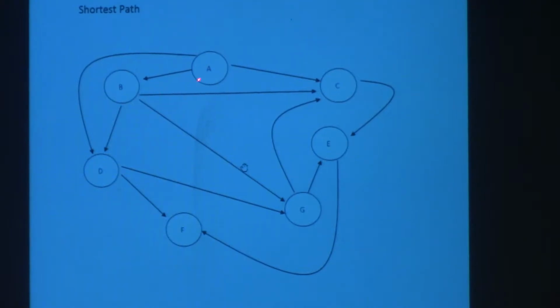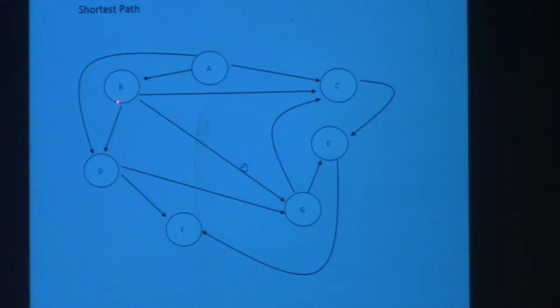Then I'm going to visit what? C, which is the second neighbor of A, and that will be a visit, and then I'll put all the neighbors of C, which is going to be E. Then after that, next in the queue is going to be D. So I'll visit A, B, C, D, and I will enqueue F and G if G hasn't been visited, right?